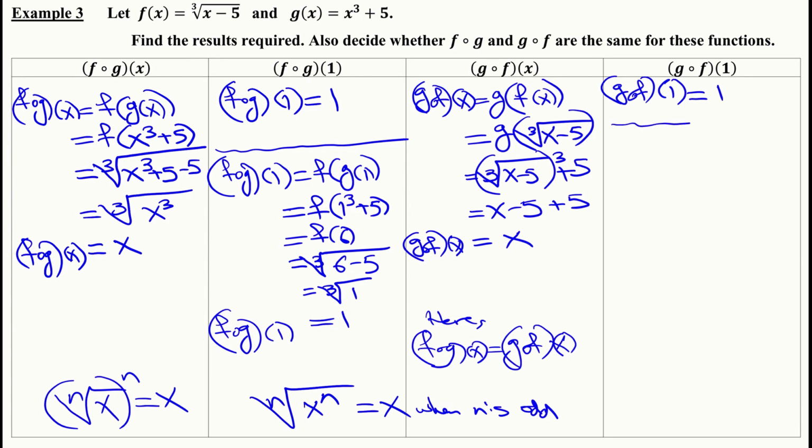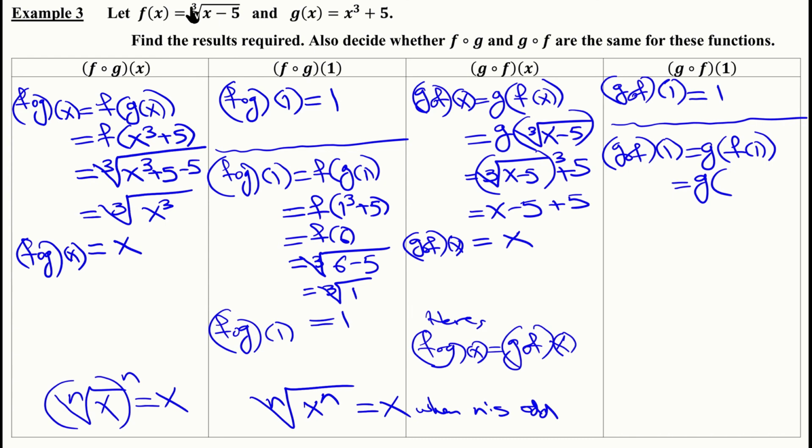Or if we do it directly, this was indirect because we found it by using this result first. So we're going to do it directly now by realizing g circle f of 1 means g of f of 1, which is g of, we need to compute f of 1.